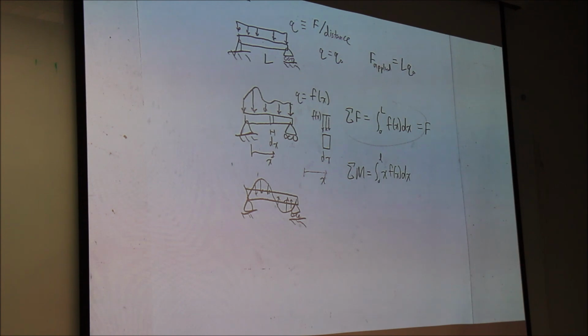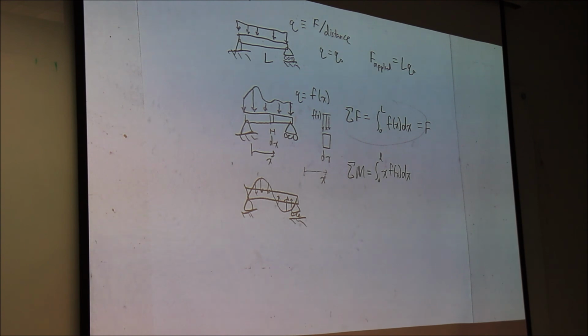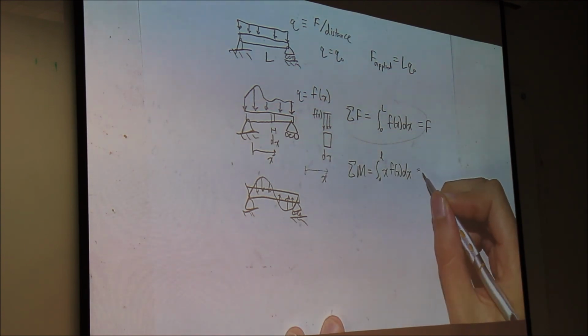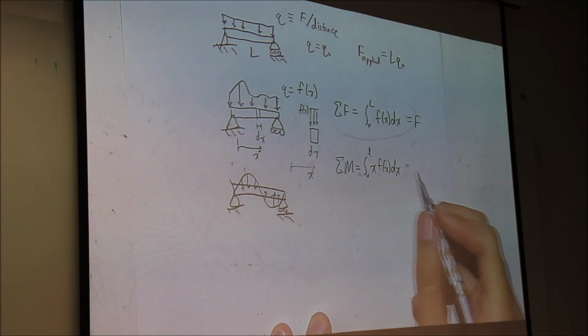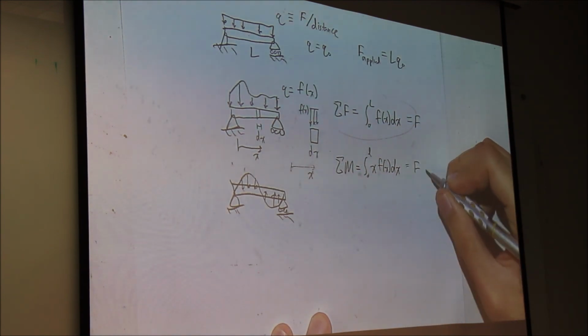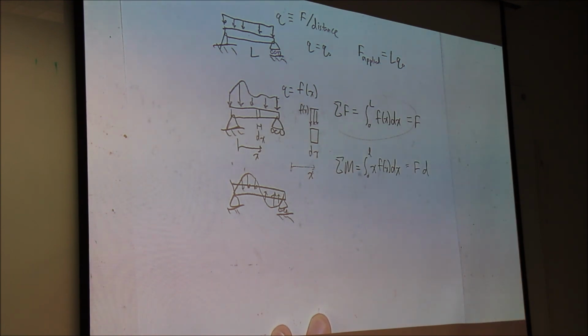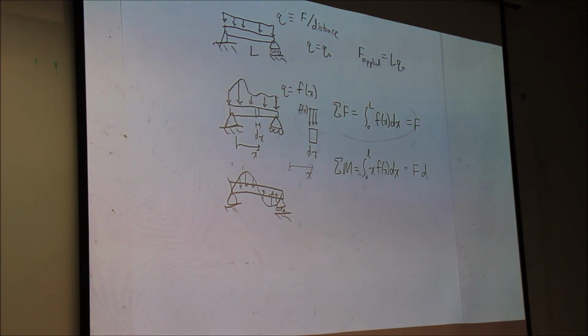A moment in general is going to be a force times some distance, right? To make it easy on us, we can model it as this force applied at some distance d.